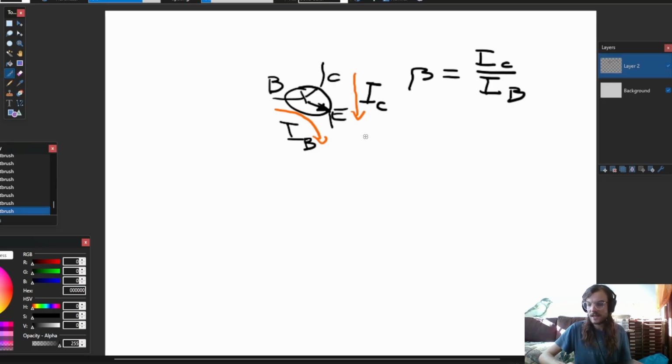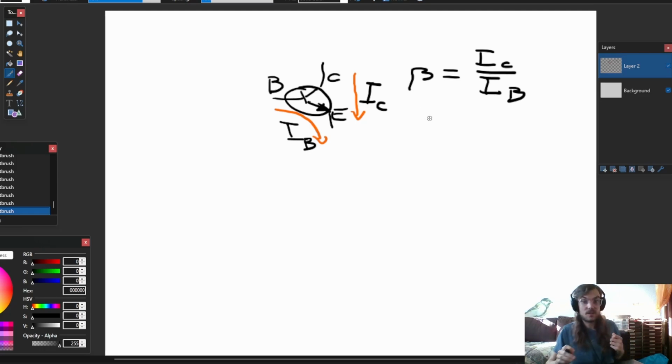So when you're designing a fuzz pedal, you want to know exactly what this beta value is, because the way that a fuzz works is that you have this complicated feedback loop of transistors, and it doesn't allow for the emitter resistor that you usually use to neglect the beta value in a more standard distortion pedal.